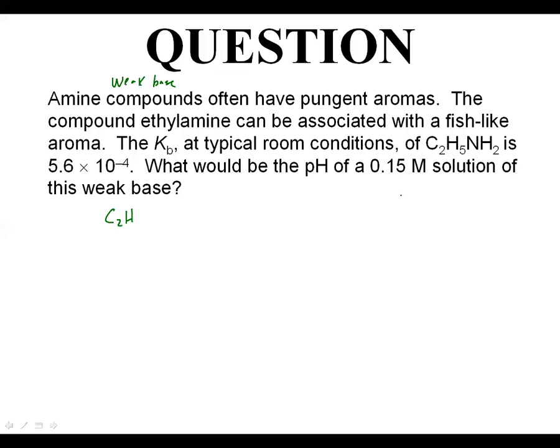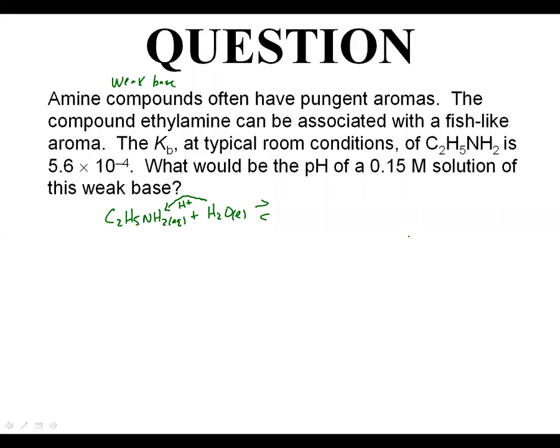C2H5NH2. And again, here with your weak bases, it's good to maybe include the water. Again, because it's a base, that's where you could visually see, which gives people sometimes a hard time, that it is going to accept that H plus.